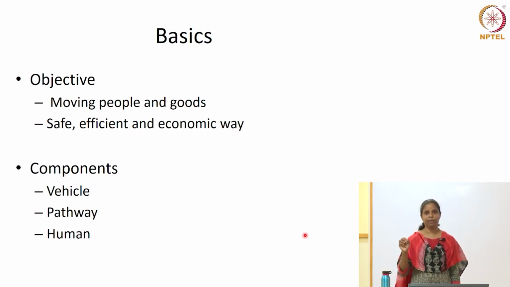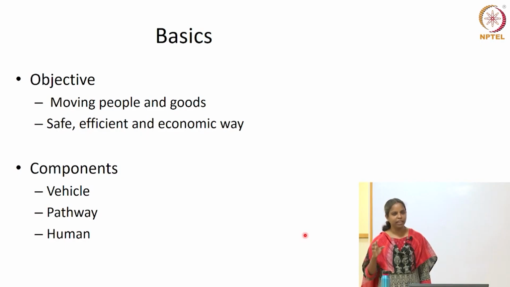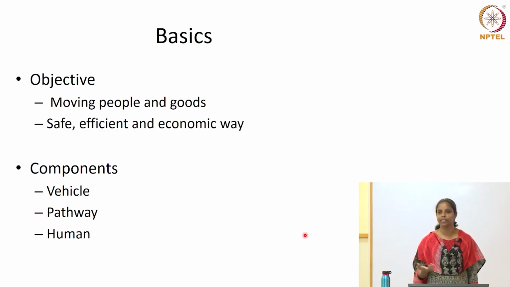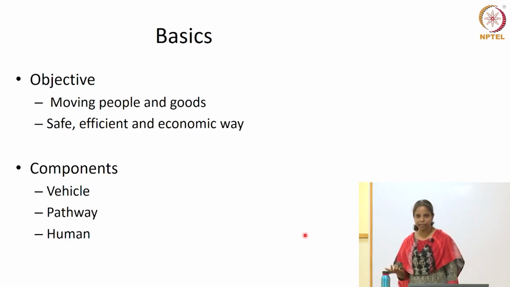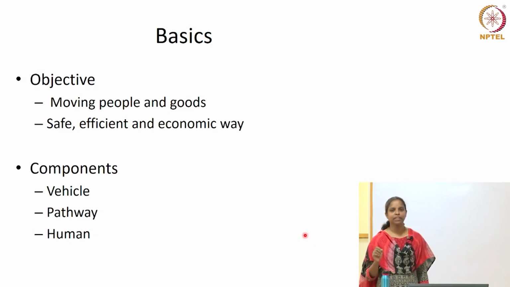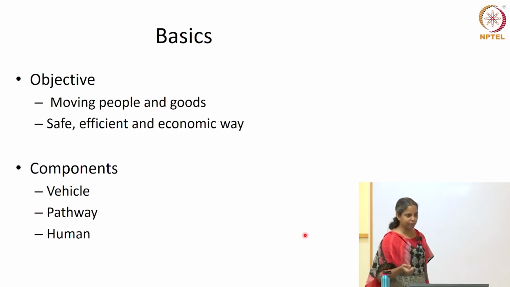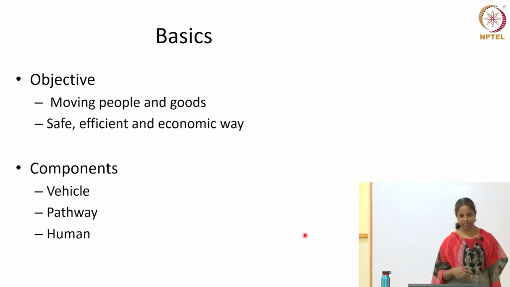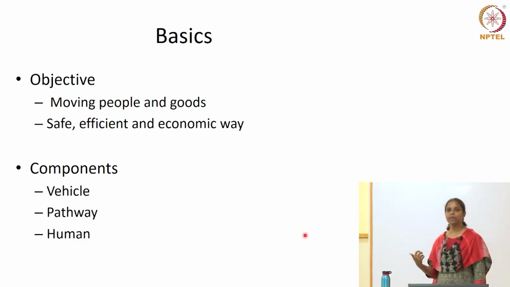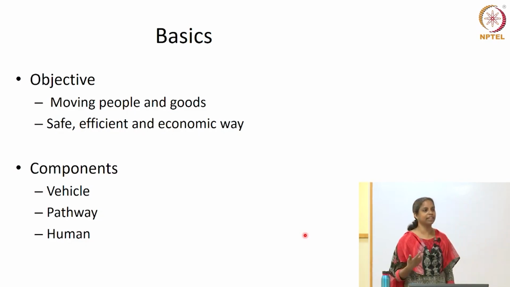And that component is not under your control. It's not easy to model it into your equations, because human behavior is very complex, right? So the challenge in modeling traffic movement, once the infrastructure is there, is how to characterize driver behavior.